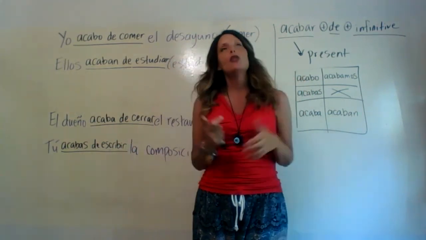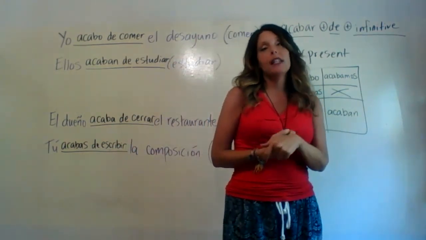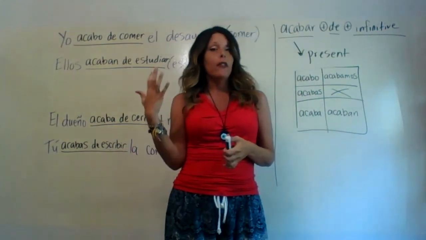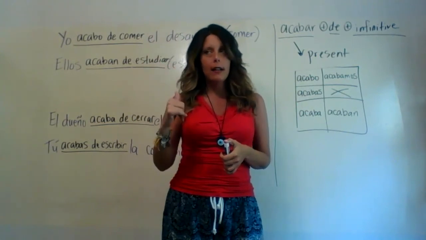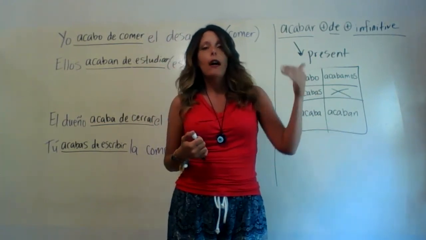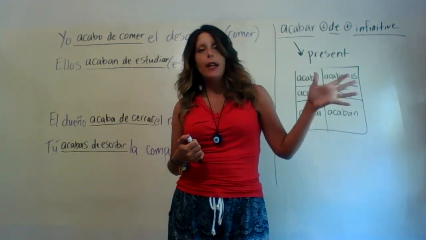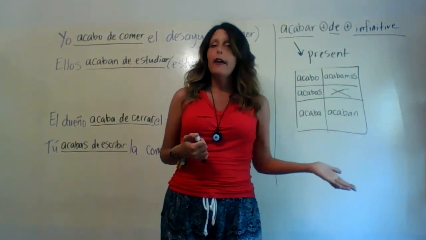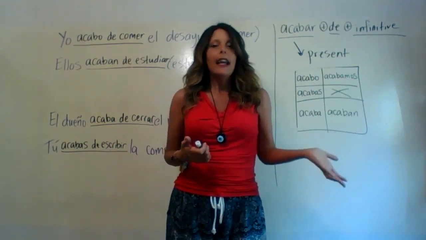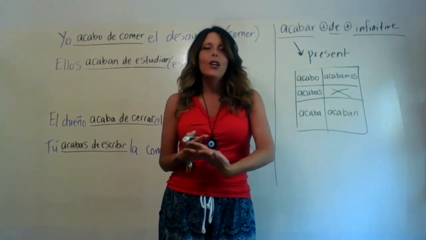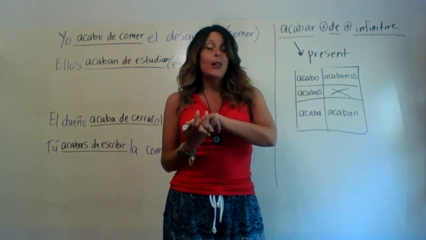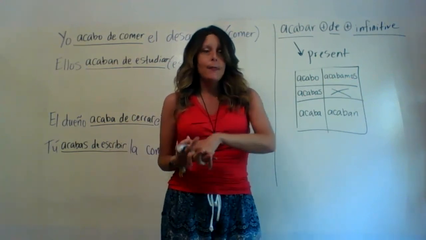But from this video, just remember that the present perfect is the helping verb haber, has, hemos, han, and then the participle. For AR verbs, it would end in ado. For ER and IR verbs, it will end in ido. And remember that there are some irregulars that are really common verbs that we need to memorize.